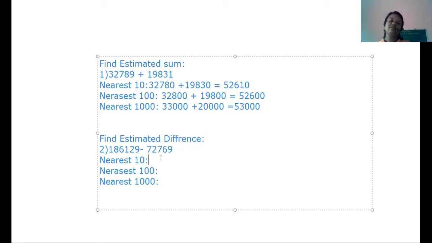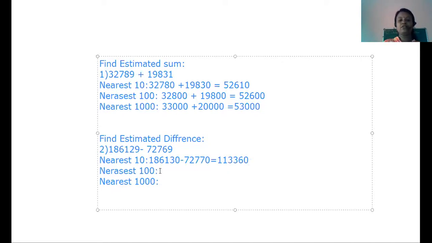In a similar way, let us find the estimated difference. That starts with 1,86,129. It is 1,86,130 minus 72,770. Let us find the difference by subtracting. We have the answer as 1,13,360.